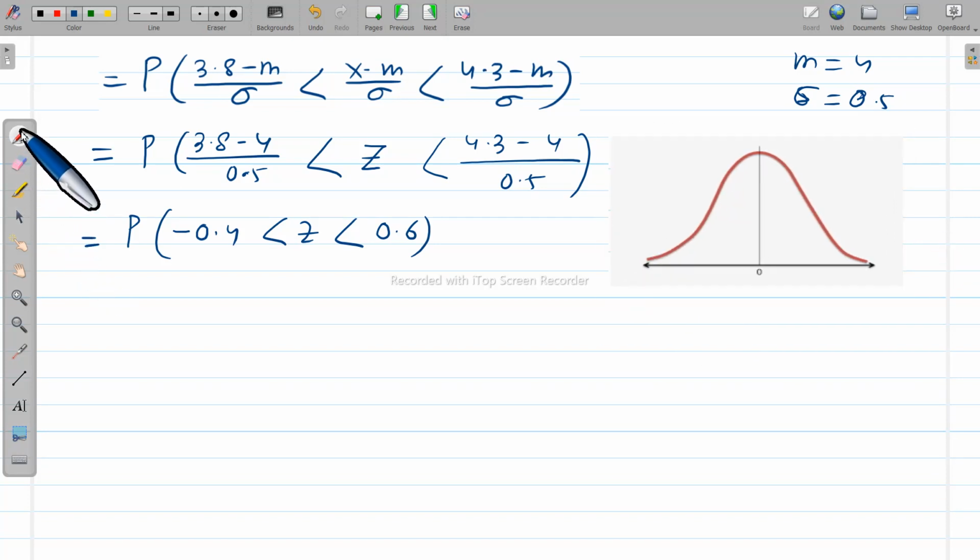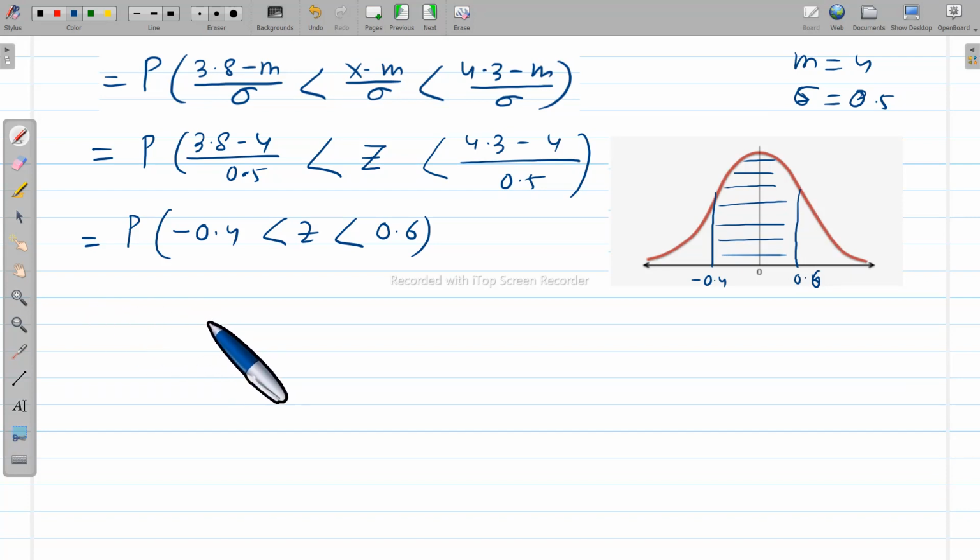So from here it is clear that this is your 0.6, clear, and this one is your minus 0.4, if we consider roughly, correct. So we want to calculate the total area. This is the graphical representation of this requirement.